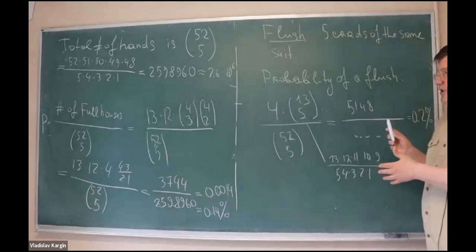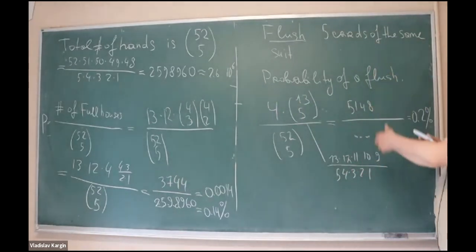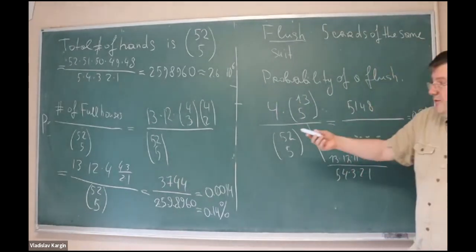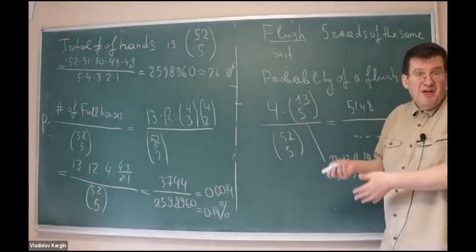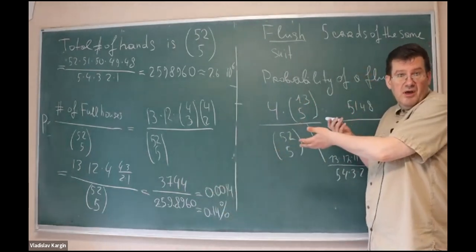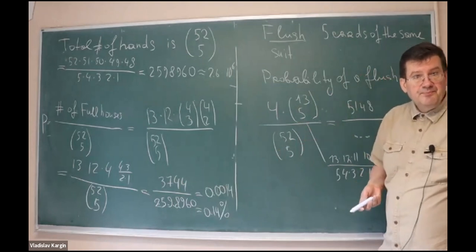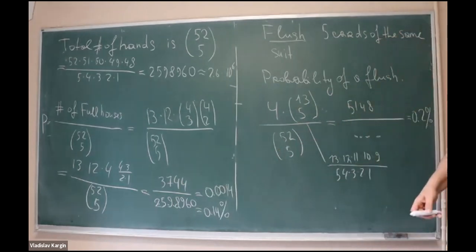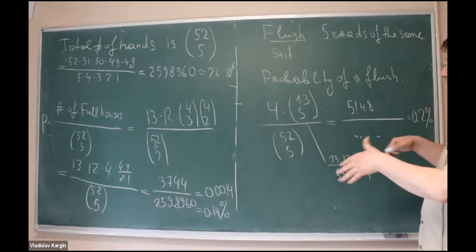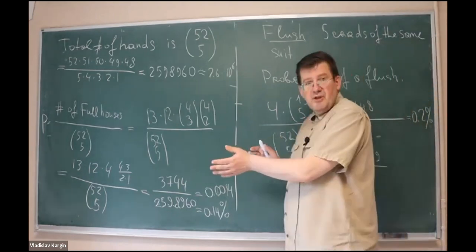They are comparable, but this is more likely. It's more likely that you will get a flush than a full house, and this justifies that it is a less valuable combination of cards.